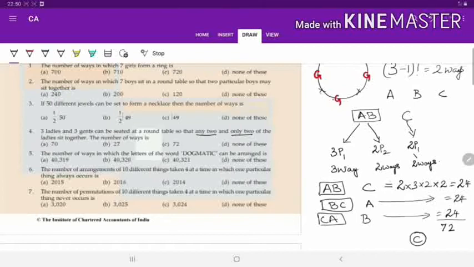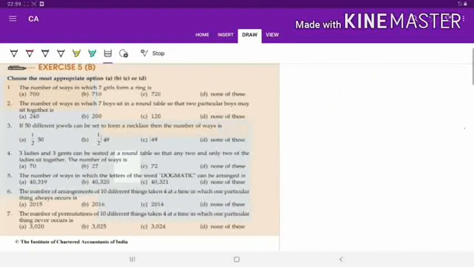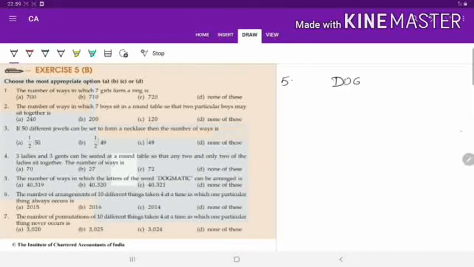Now let's discuss the next question, the fifth one. The number of ways in which the letters of the word DOGMATIC can be arranged is. D, O, G, M, A, T, I, C. So we have 8 distinct letters here and we can rearrange them in 8 factorial ways.